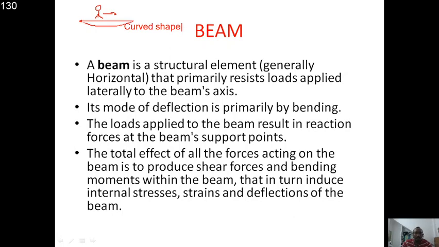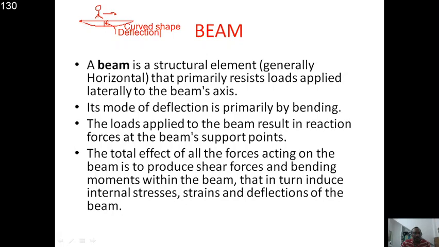Obtaining this under the loads, the deformation is known as deflection. The deflection can be measured. The distance from the axis to the deflected shape is known as the deflection, right?